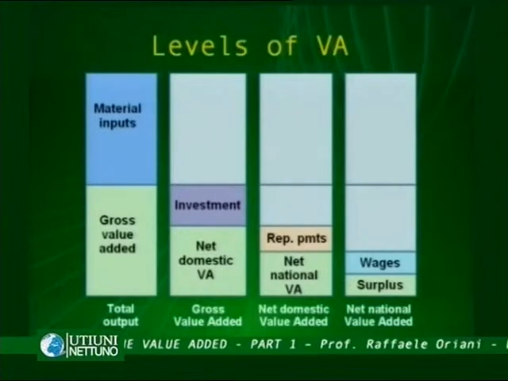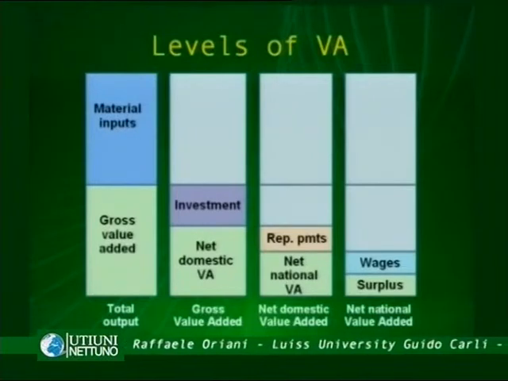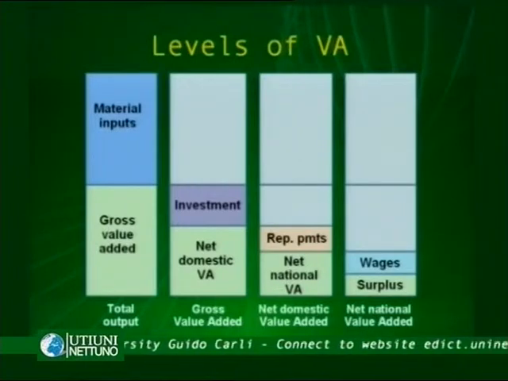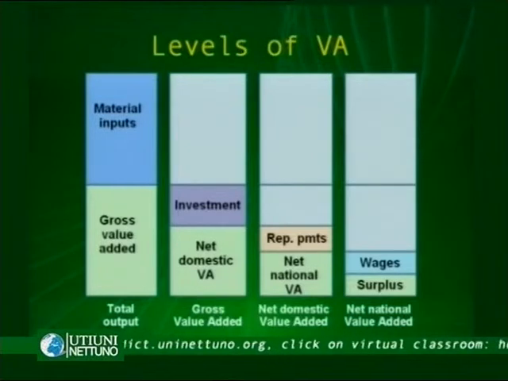So if we subtract investment from gross value added, we have the net domestic value added. In other words, we can also say that the sum of net domestic value added and investment gives again the gross value added. Or we can say in a positive way that the gross value added is given by net domestic value added and investment made for a given project.